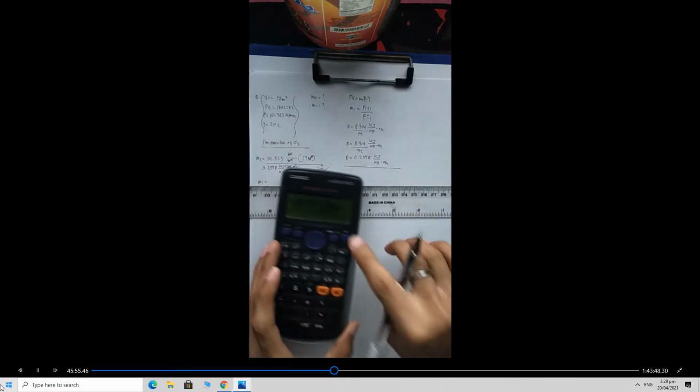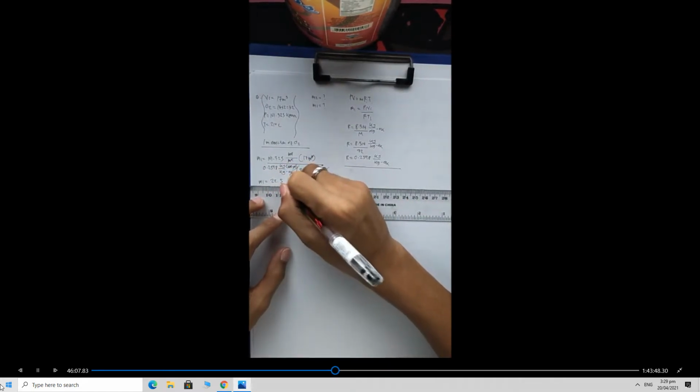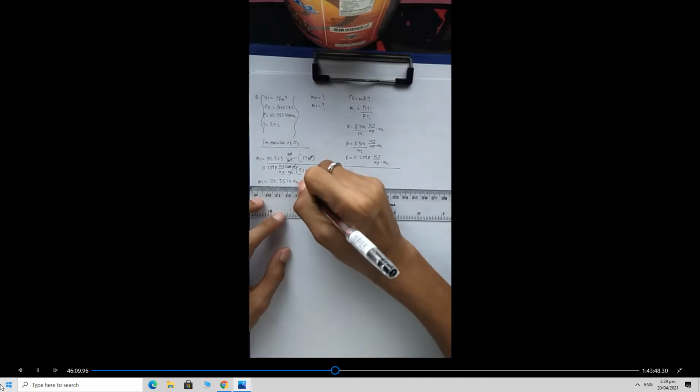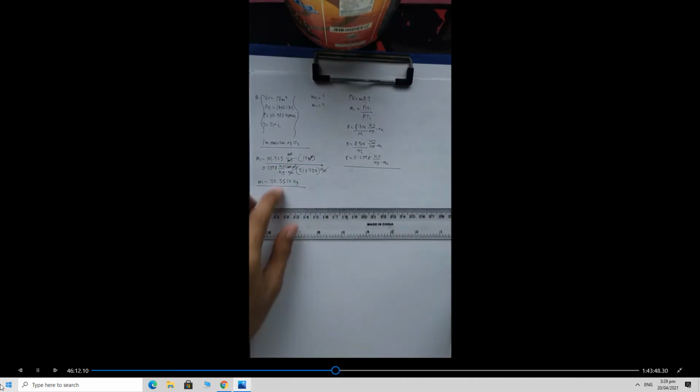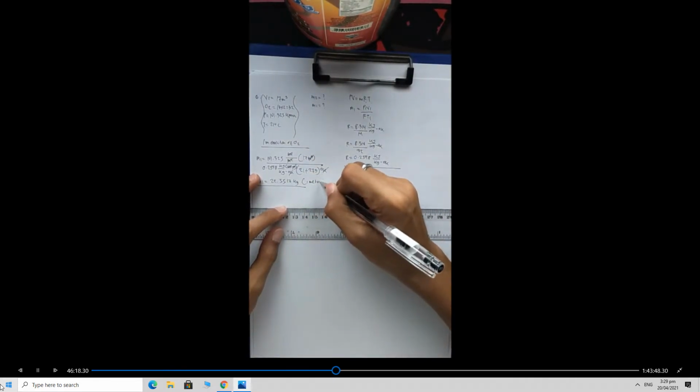That will be in open close parenthesis, just like this, and the answer is 22.5517 kilograms, just like that. So I already have a value for my mass 1, and this is for 1 metric ton.